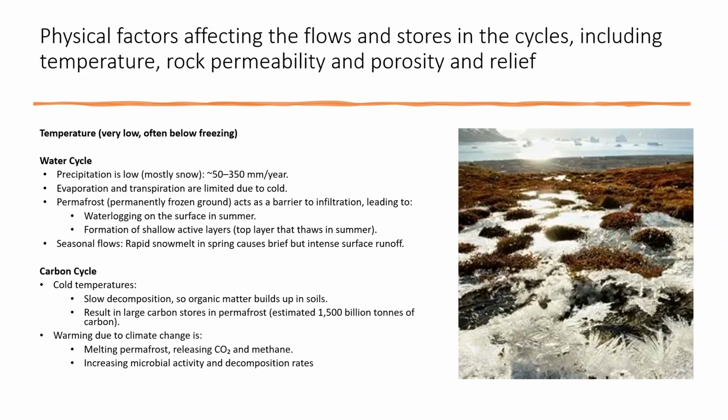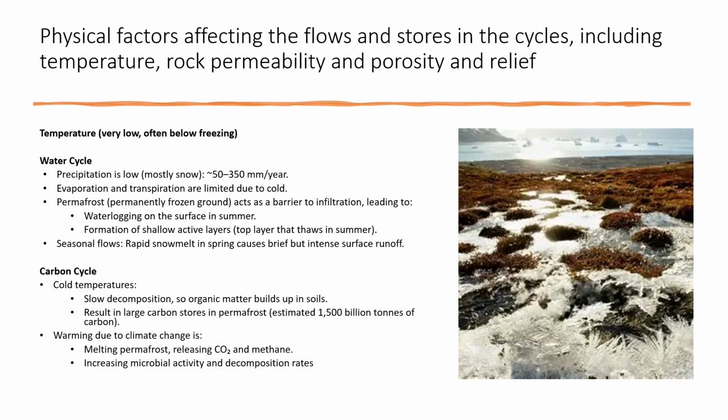So what are some of the physical factors that affect tundra, affect this environment? Well, if we're thinking a little bit about those, temperature is absolutely key. So cold temperatures mean that within the water cycle, those flows are slow. So very little precipitation. What there is, is snow. Evaporation and transpiration is limited because it's cold.